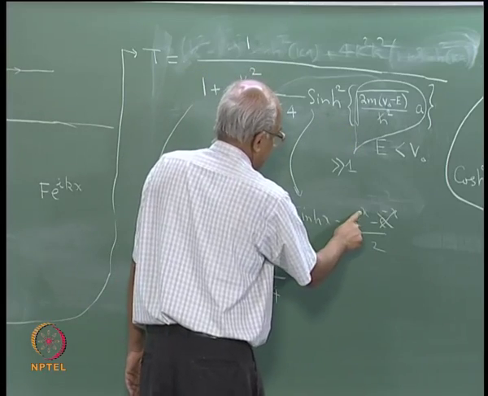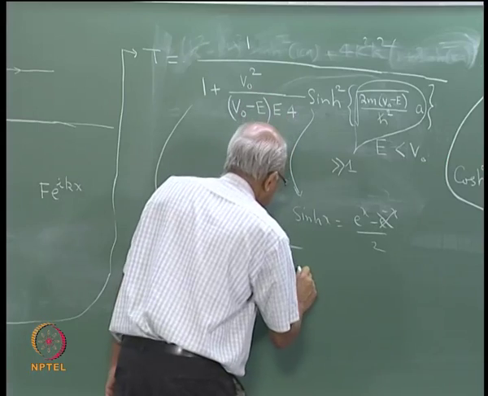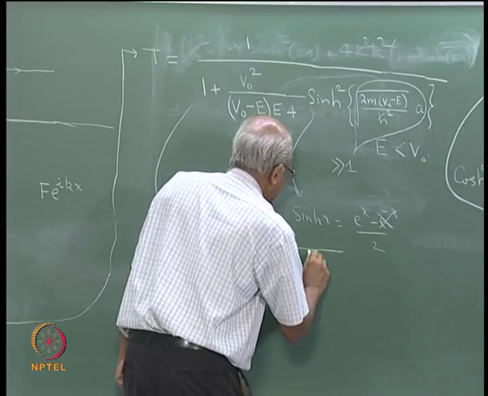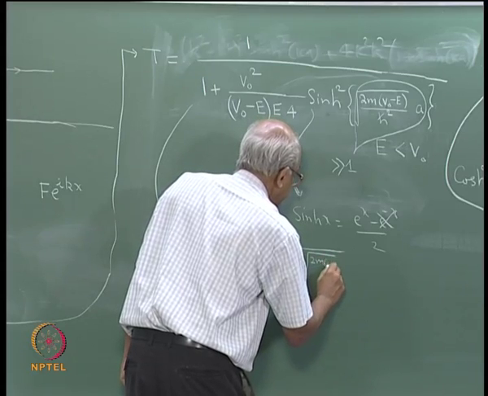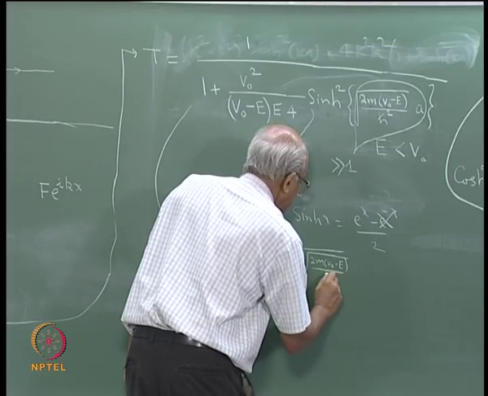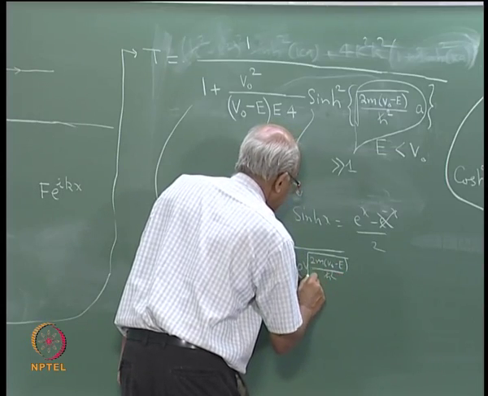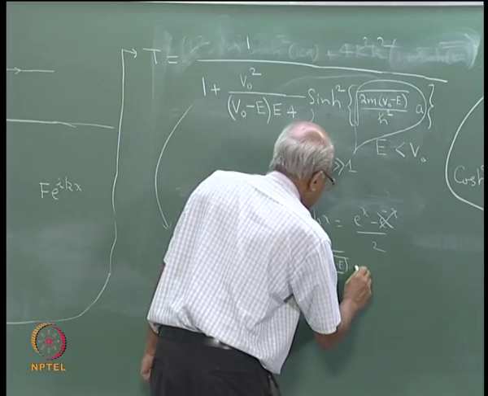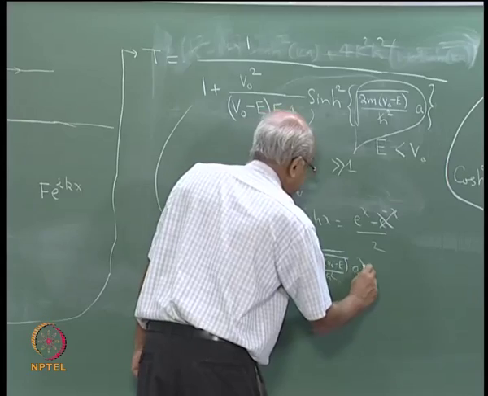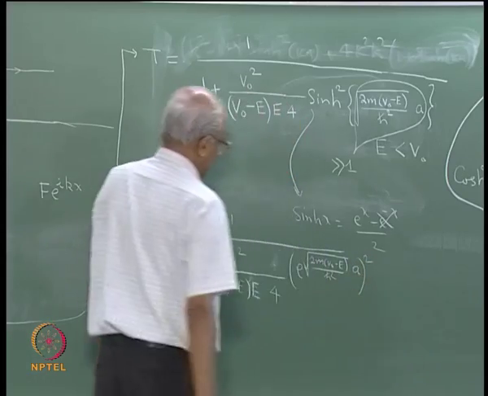Actually sinh x may be approximated as e to the power of x divided by 2. So, therefore, I shall have e to the power of square root of 2m V0 minus E divided by h cross square. The square root covers that h cross square also, e to the power of a. I have to take the square of that. Okay, this is the answer.